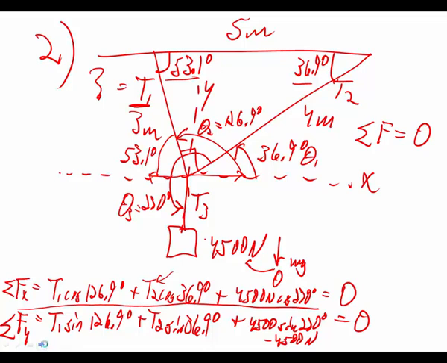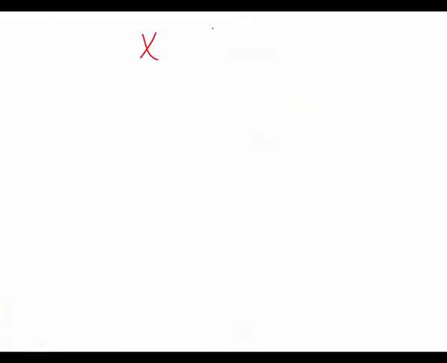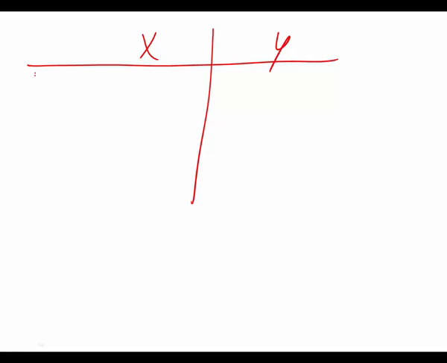All right, let's go ahead and work it out. What is T1 cosine of 126.9? It's negative 0.6 T1, right? And what is T2 cosine 36.9?